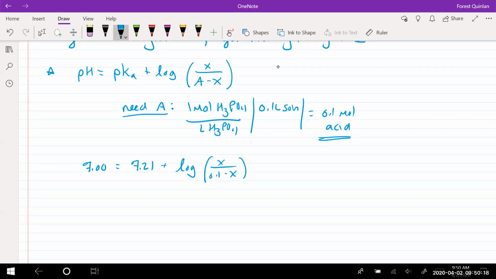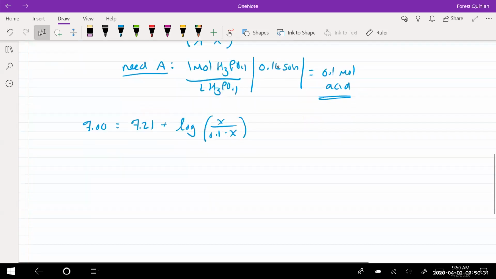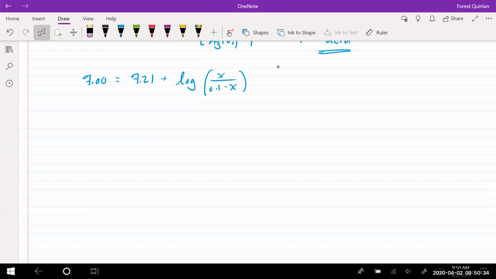So all of this Henderson-Hasselbalch stuff we're doing is no different than what we were doing when we just built the titration curves. We're just going to back out and solve for one of the variables, not a drama. We'll go ahead and finish up that math. So we have 7.00 minus 7.21 equals log of x over 0.1 minus x.